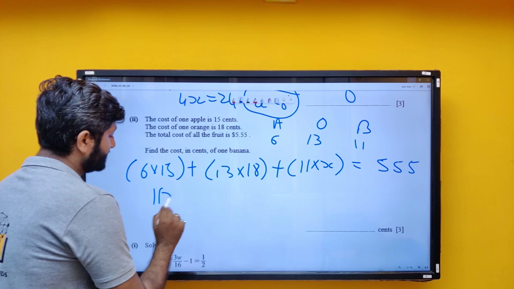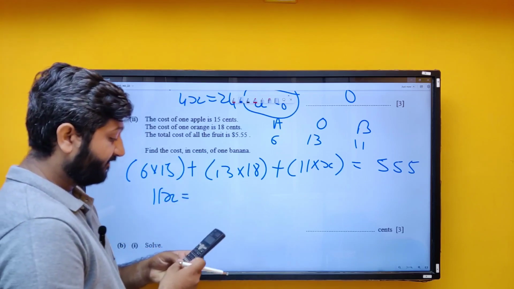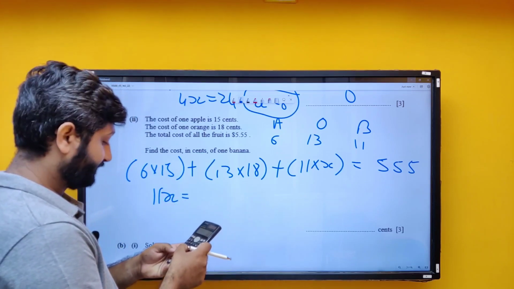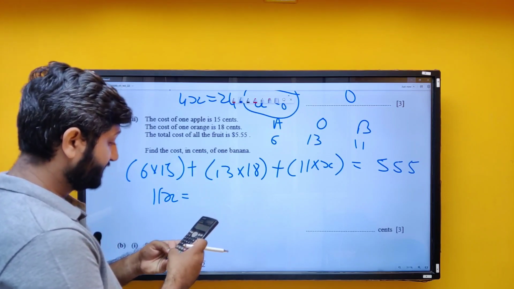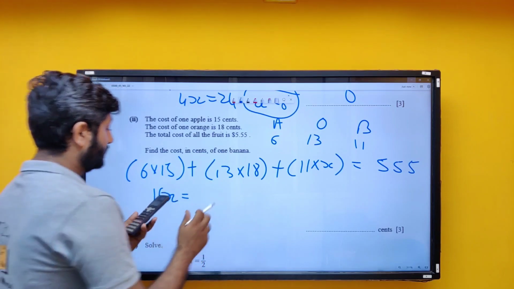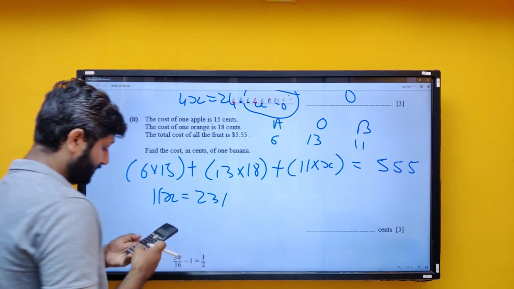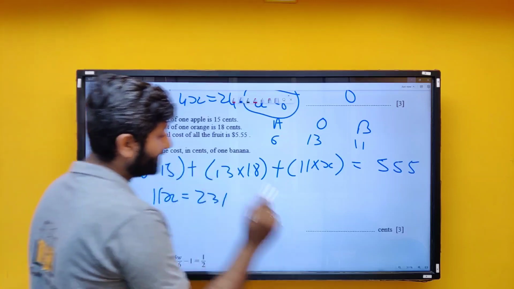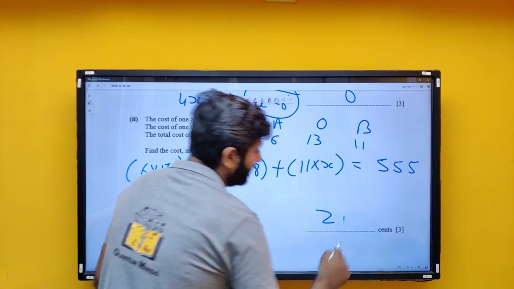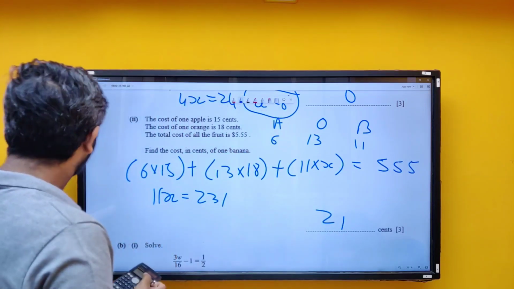So 11X is 555 minus 6 into 15 minus 13 into 18, which is 231 cents. So X is 231 divided by 11. So the cost of one banana is 21 cents.